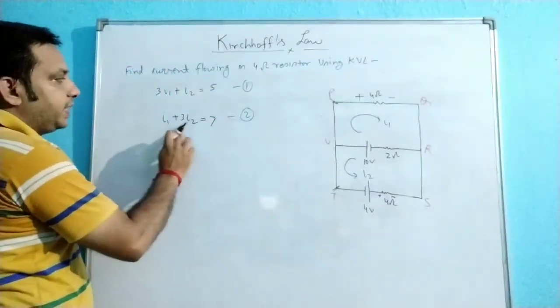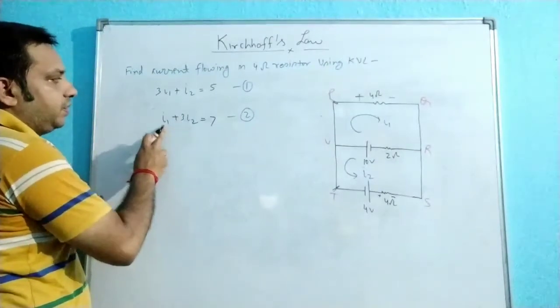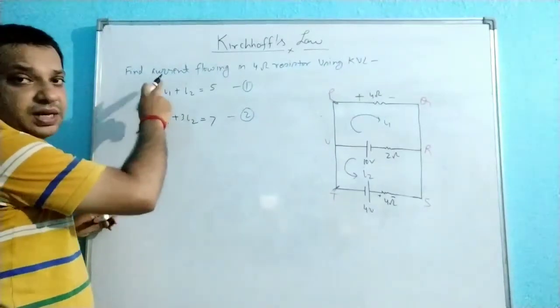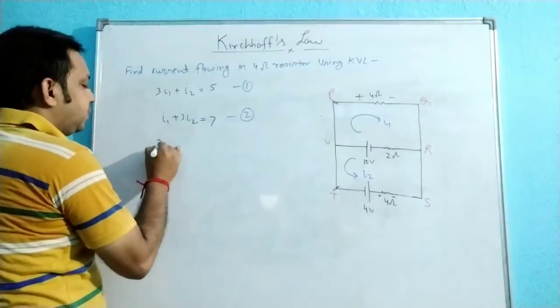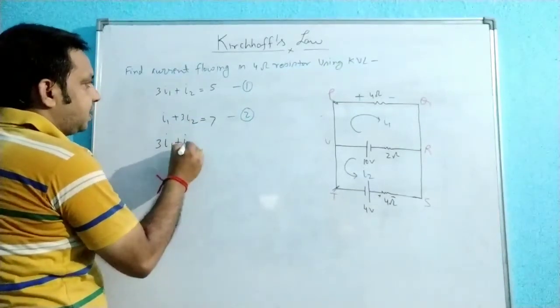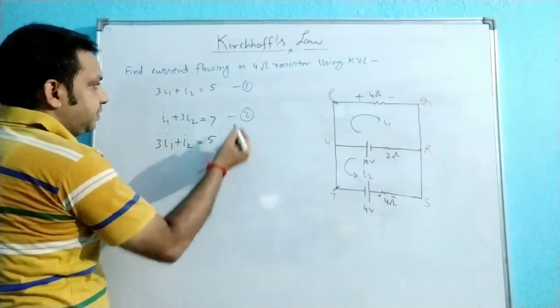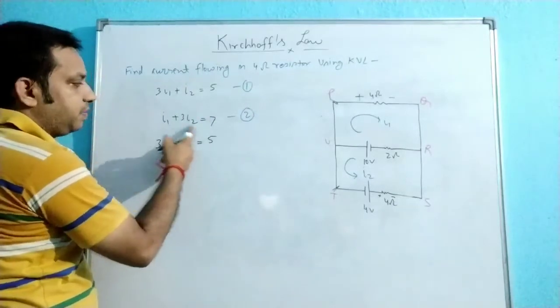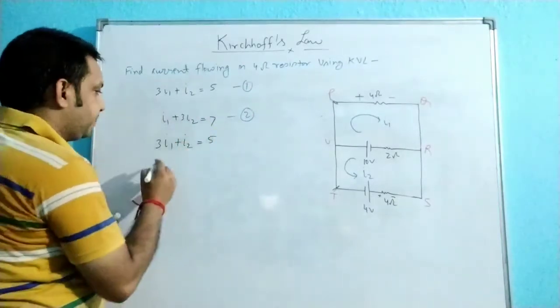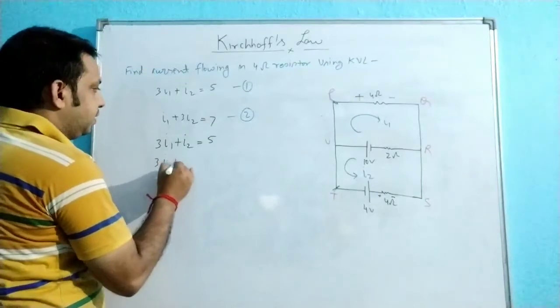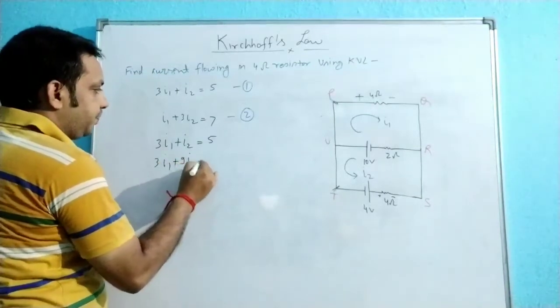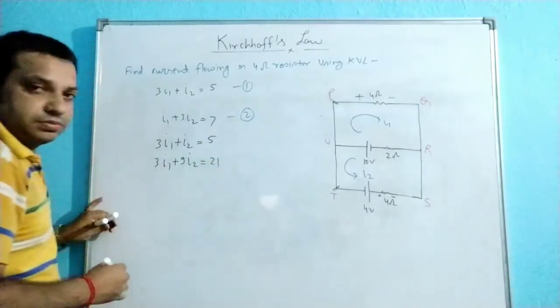So just simplify it like this. I am multiplying this equation by 3, then the coefficient of the I1 becomes equal. So here 3I1 plus I2 is equal to 5, which is equation number 1, and I am multiplying the equation number 2 by 3. So that becomes 3I1 plus 9I2 is equal to 21.